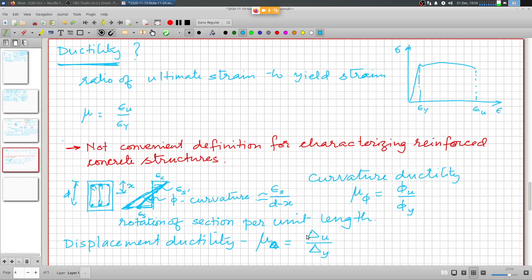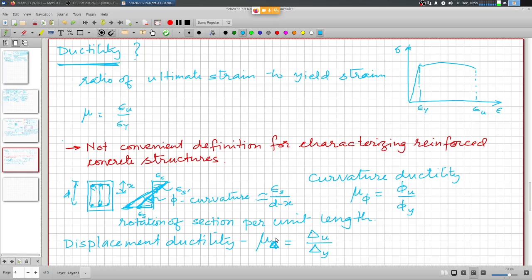And the denominator is the displacement when the first yielding happens, so that is the yield level displacement. This is typically done for pushover analysis or lateral load analysis. So that provides you this kind of global measure at a structural level.